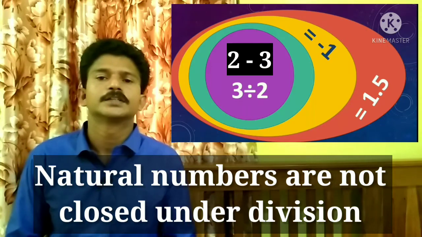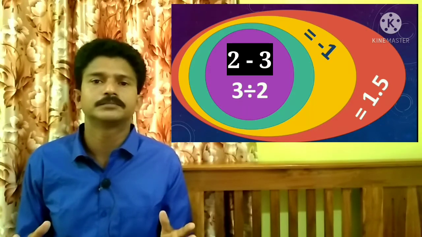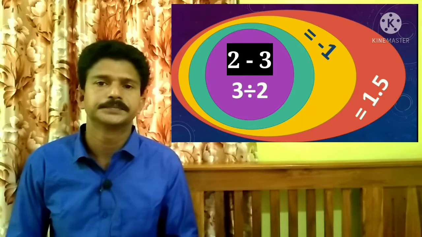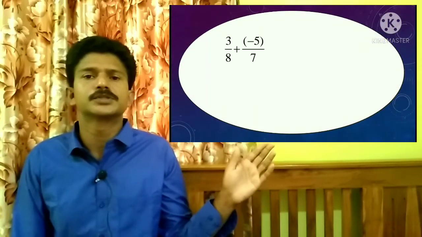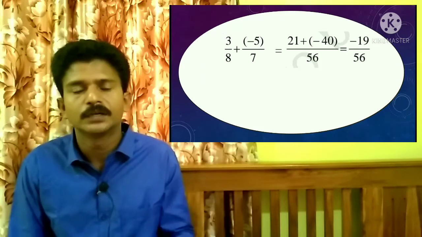Now let us take the same closure property. It is called the closure property of numbers. Let us check it for rational numbers and see whether the answer is inside. When you add two rational numbers, we get the answer also as a rational number.